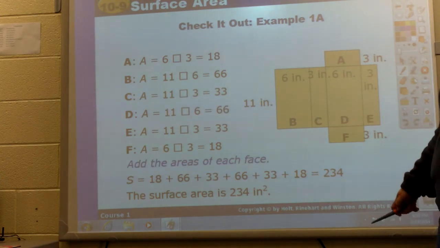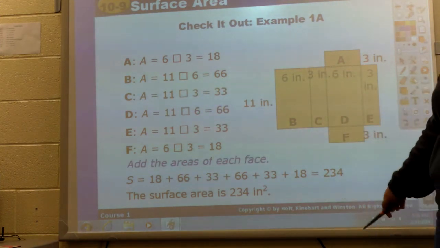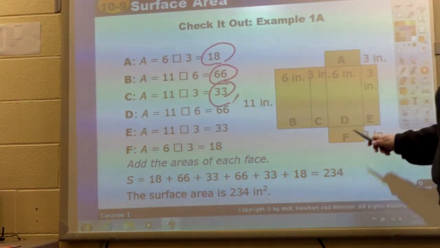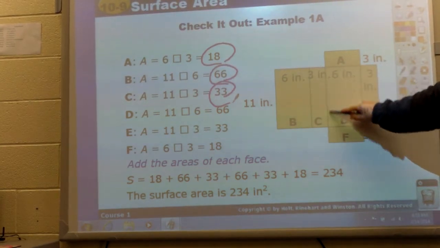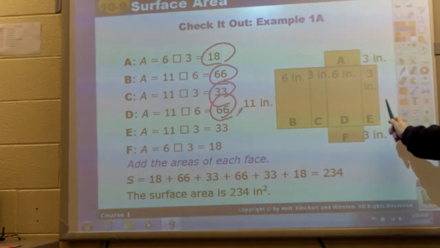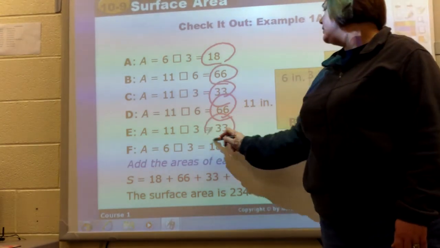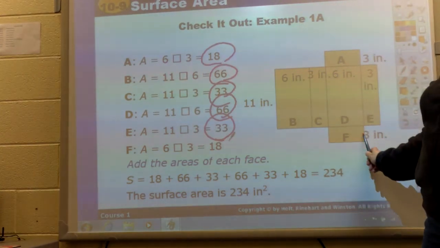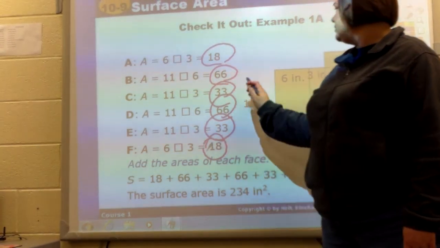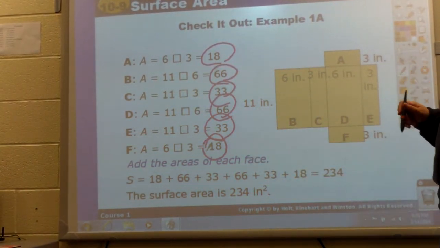And then C is a 3 by 11, 33. D is 11 by 6, 66. E is a 3 times 11, 33. And then F is 3 by 6, which is 18. Add them all together, and you get 234 inches squared.